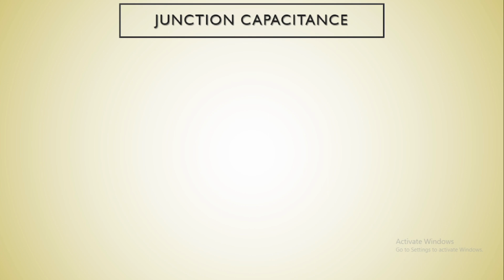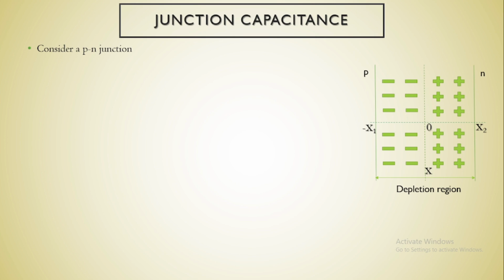And for this, we need to consider a p-n junction. So one side is a p-type, another side is n-type. And this is the width of the depletion region, which extends from minus x1 to x2, totally x1 plus x2 will be x.